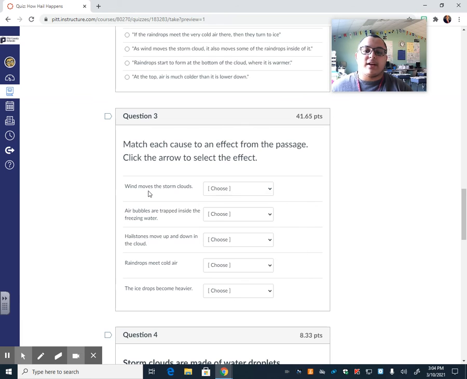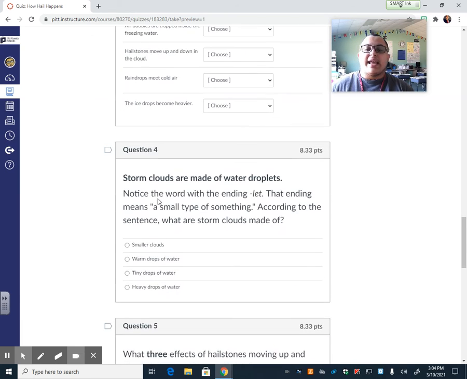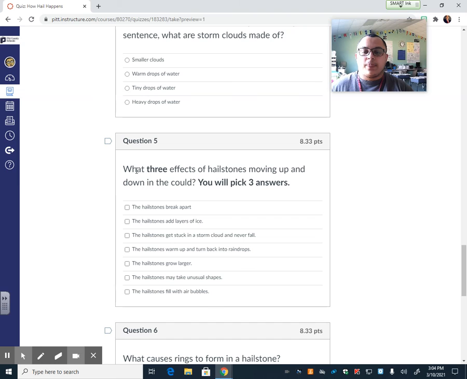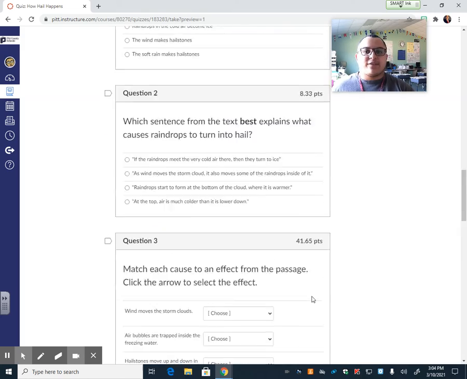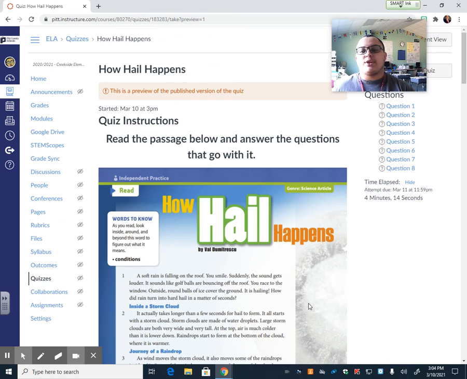Each of these can be found in the text. Now, this one, for example, you're going to click 3 answers. Don't just click 1. If you click 1 or you only click 2, it's not going to give you the full points. And then this last one, today's code word is, remember, peanut. After you're finished, click submit and you will have a grade.